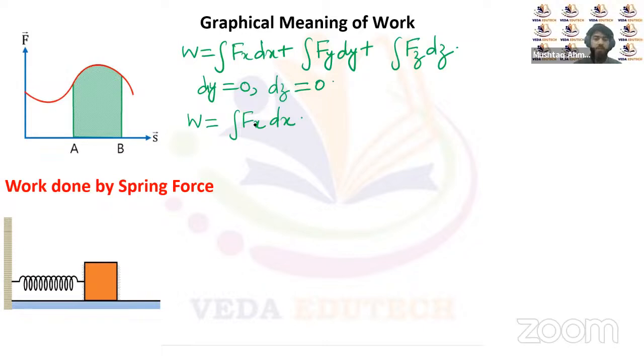Now you can see that if we integrate it with the limits x1 to x2, this will give us the total work done between the two positions x1 and x2 for this particle.